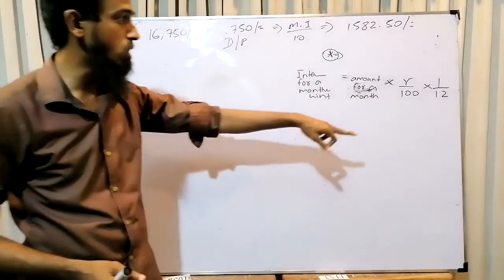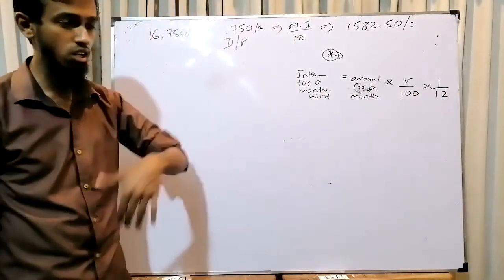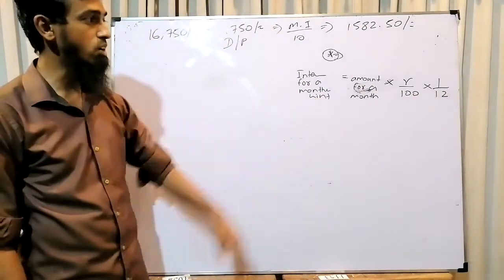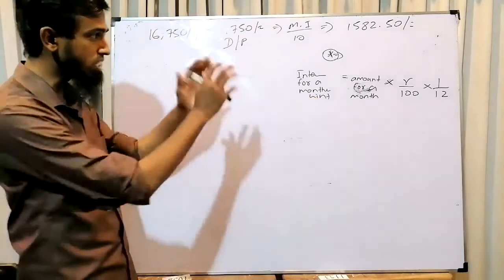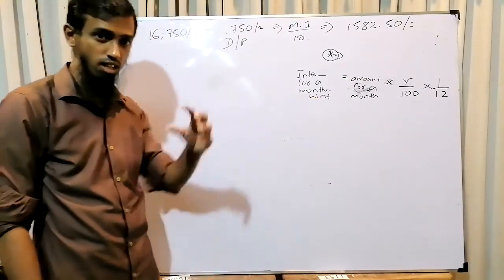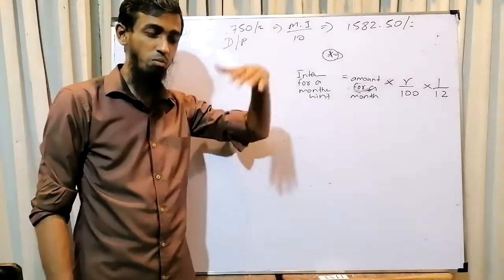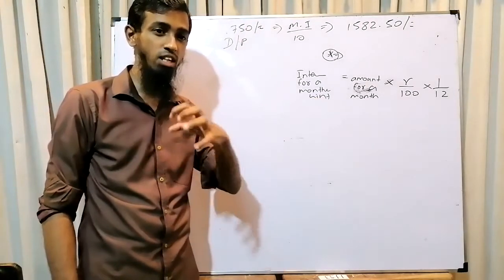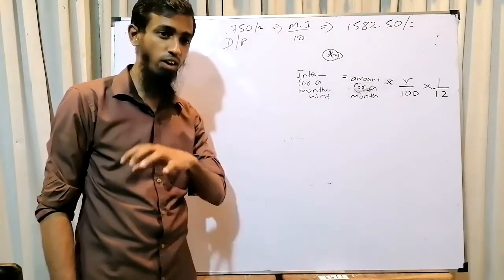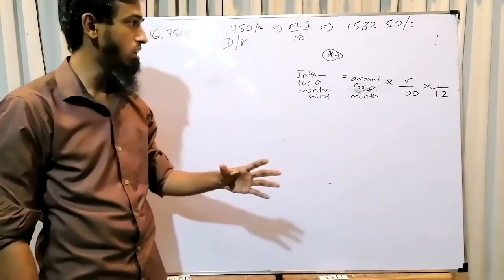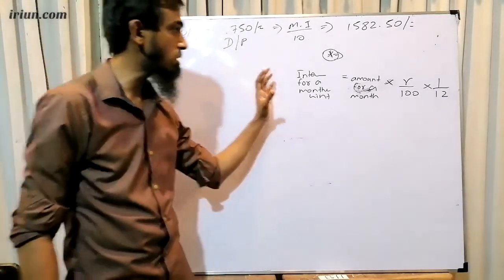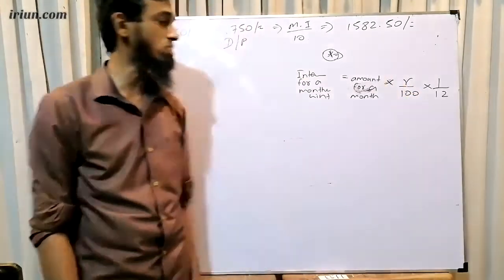So we convert into monthly, and we divide by 12. In this step, using the previous question, how to find the monthly installment, using that knowledge, this is the part where we use the interest rate.